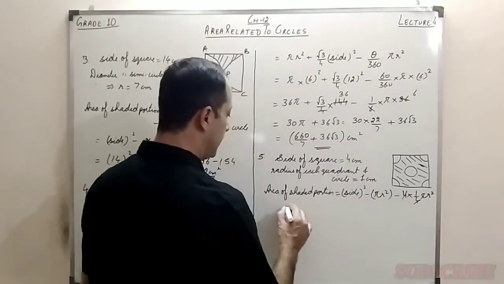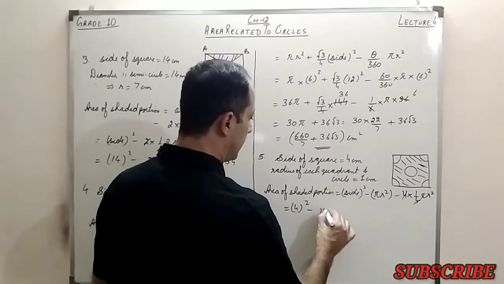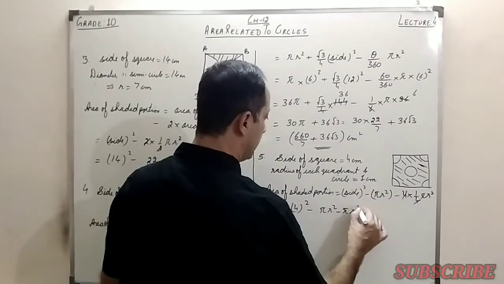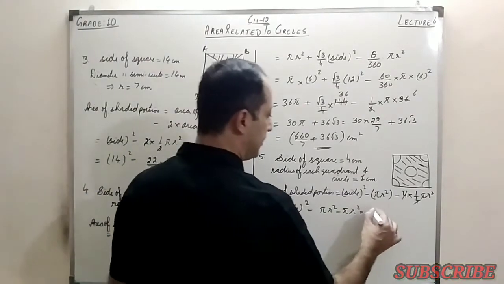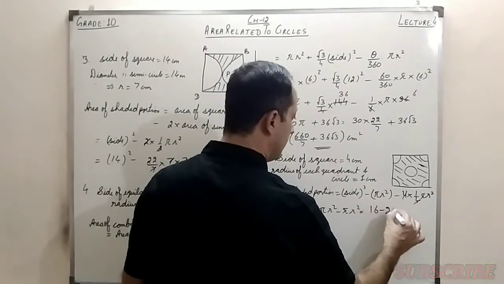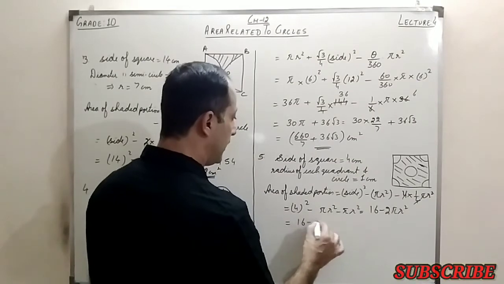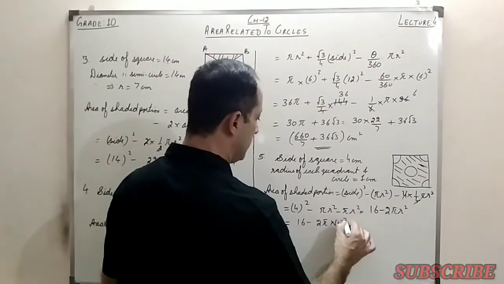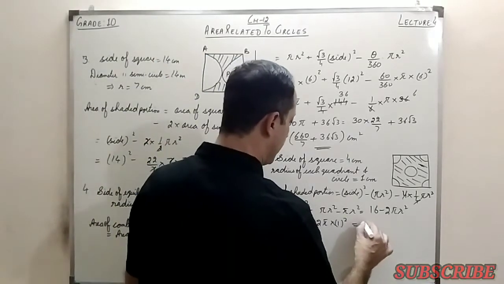So this is side square, the side is 4, so 4 square minus pi r square, and this also is minus pi r square. So this basically becomes minus 2 pi r square. So this is 16 minus 2 pi r square. So this is 16 minus, because radius is 1, 16 minus 2 pi.